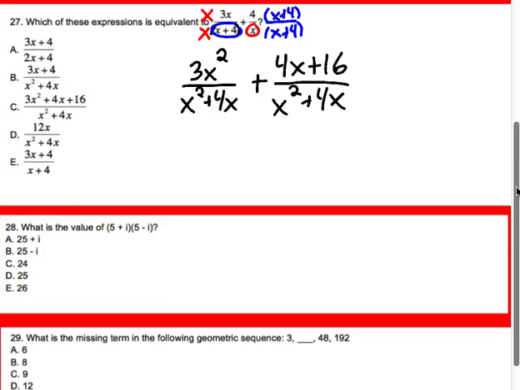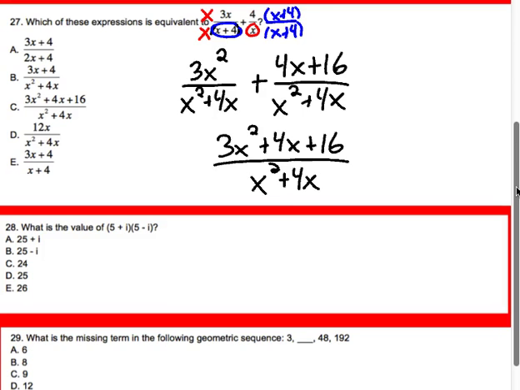If I didn't have the same denominator, that would tell me I was likely doing something wrong. However, since I do have a common denominator, I can simply add the tops together, and it's over that common denominator. And if you look at your answer choices, that is exactly what C is giving you.